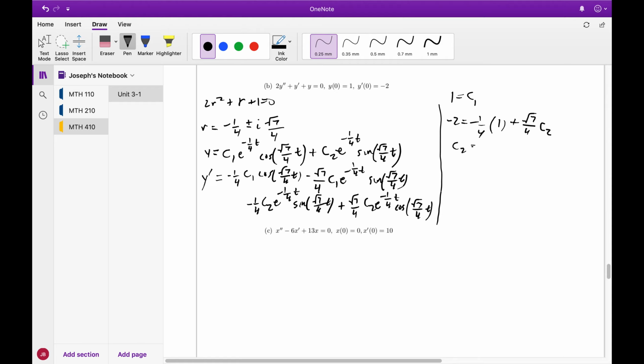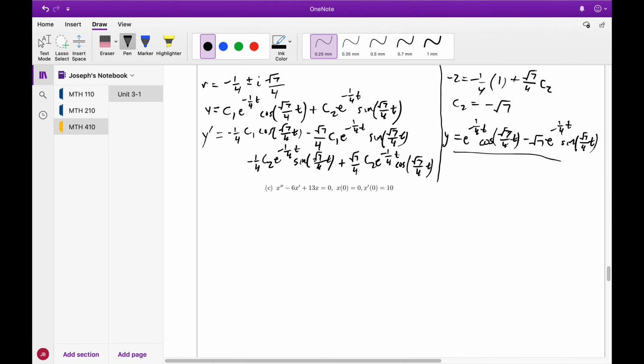And that tells me that c2 then has to equal minus root 7. I'll let you verify that. And so y is therefore, c1 is just 1, so it's e to the minus 1/4 t cos root 7 over 4t minus root 7 e to the minus 1/4 t sine root 7 over 4t.